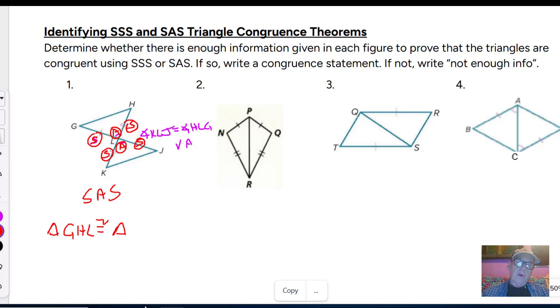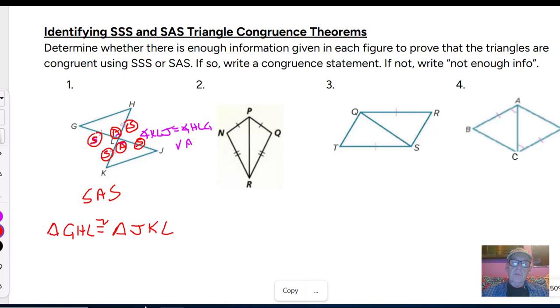So we're going to go from J to K, which leaves us going along the 2 marked side to get the next vertices. So we got to go JK and then to L. So L matches with L, K matches with H, and J matches with G.